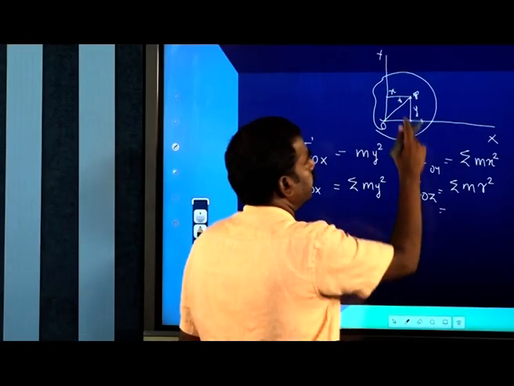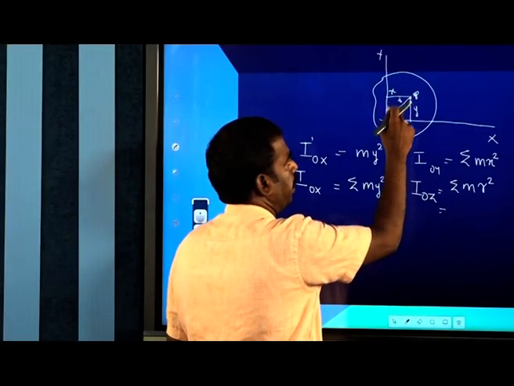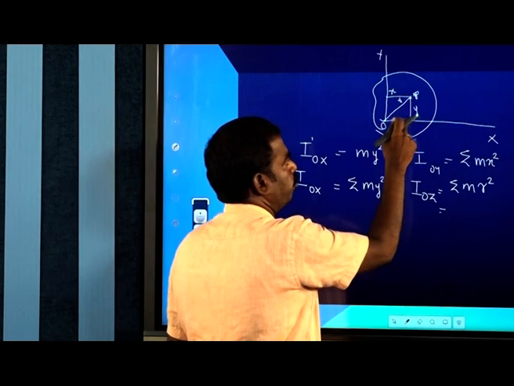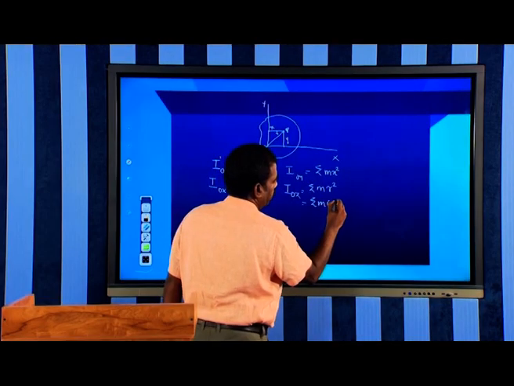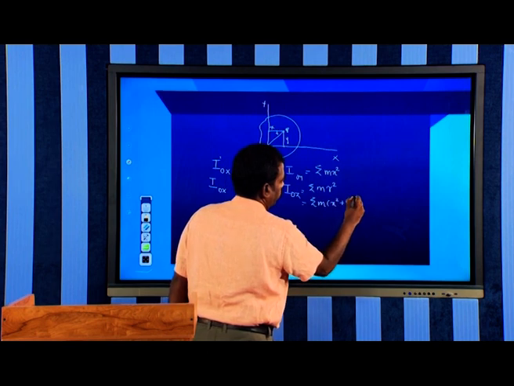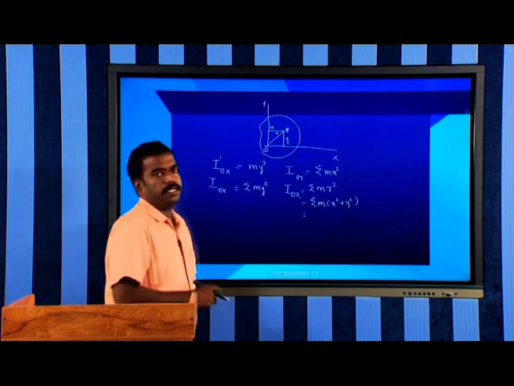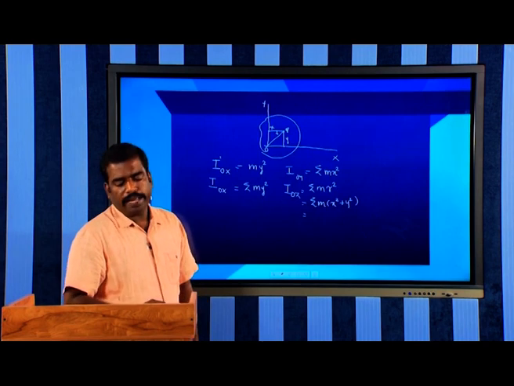What is r? You can use the Pythagoras theorem: r square equals x square plus y square. So, sigma m into x square plus y square.